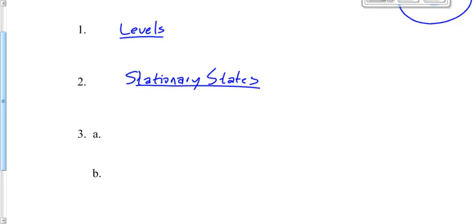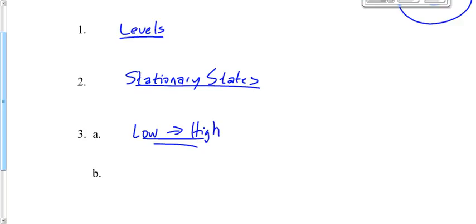And finally, the third thing talks about, once again, electron levels, but it talks about transitions of electrons from one level to another. We know that electrons can go from a low level to a high level. They can jump levels. When they do that, they need to absorb energy.